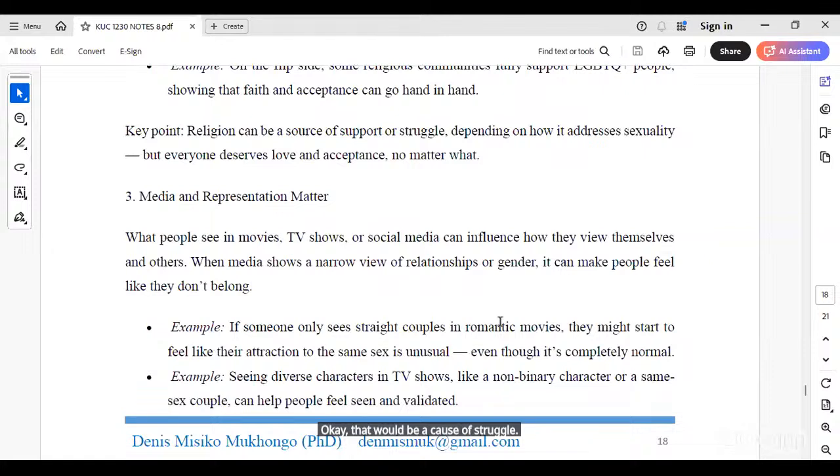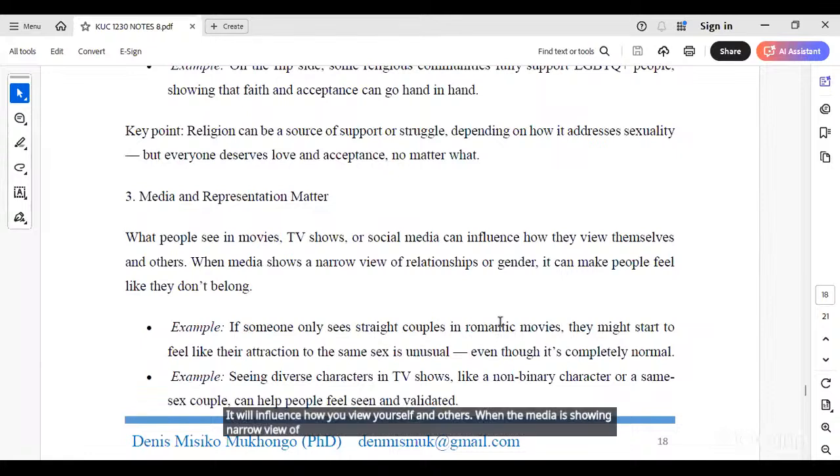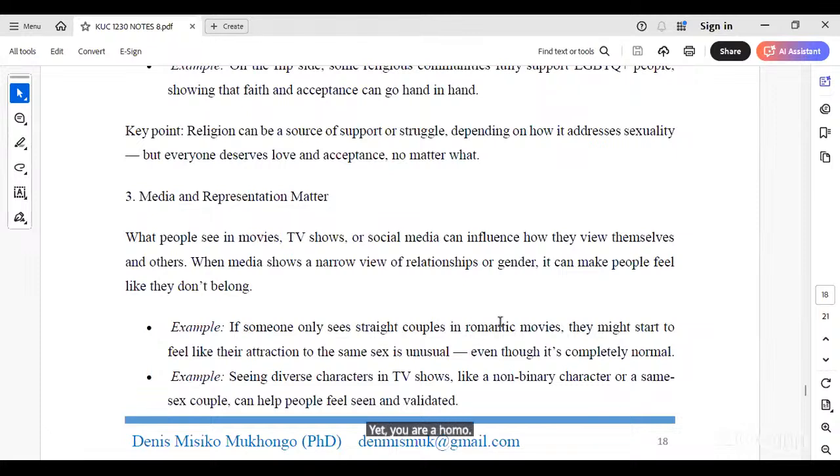The third thing is media and representation. So what you see on TV, what you watch in movies, it will influence how you view yourself and others. Okay. When media is showing narrow view of relationships, of gender, so that all you see in movies is a man and a wife as a couple, yet you are a homosexual, then you begin wondering.